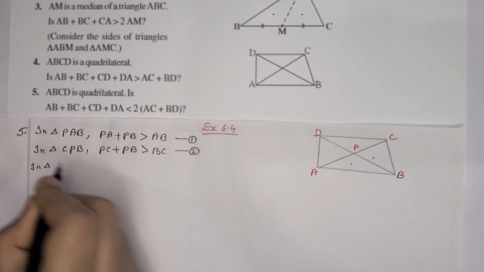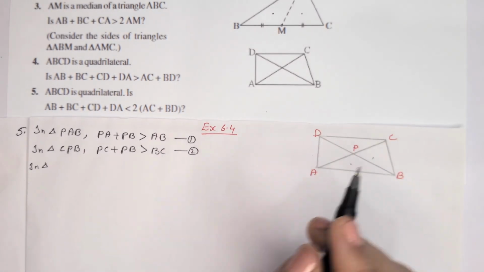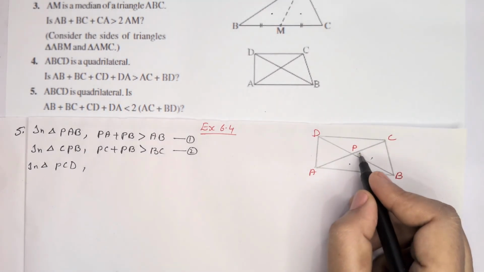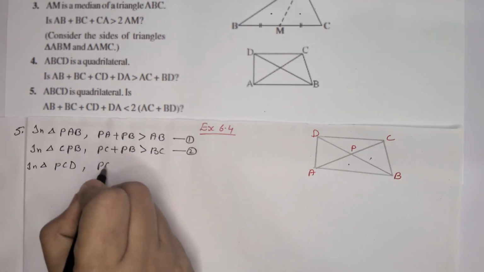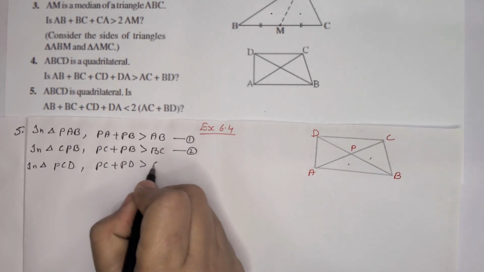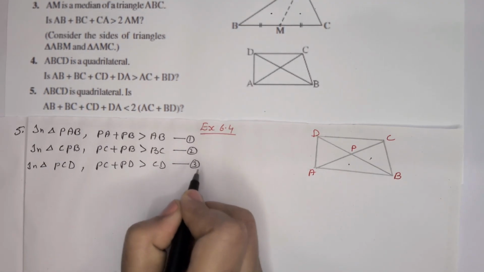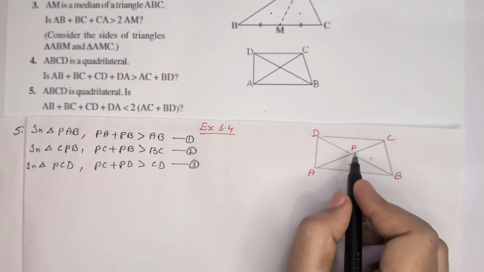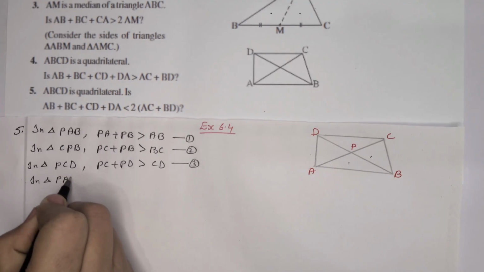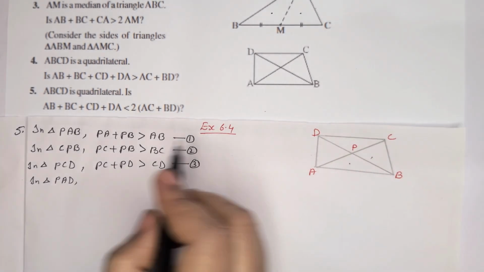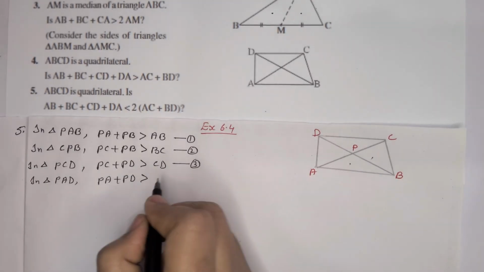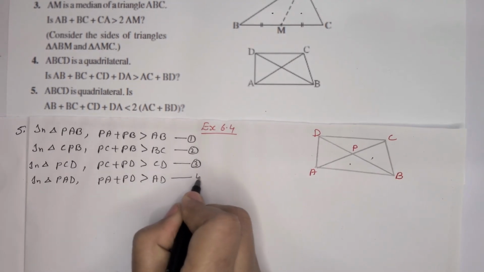Then in this triangle, PCD, PC plus PD is greater than the third side CD. That is equation number 3. Then this triangle PAD. In triangle PAD, PA plus PD is greater than AD. That is equation number 4.